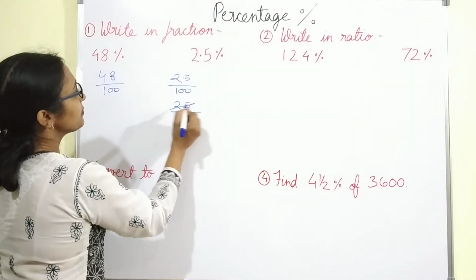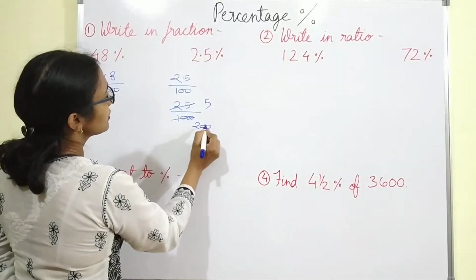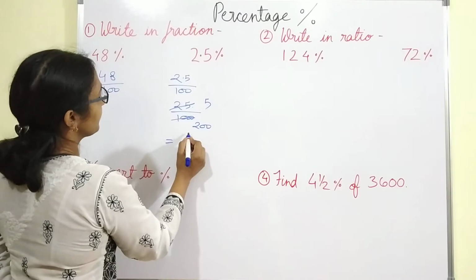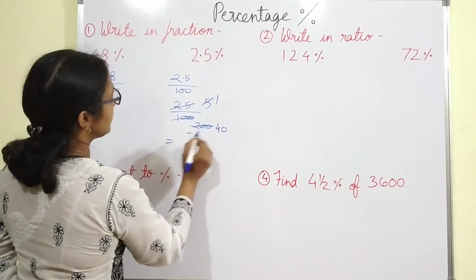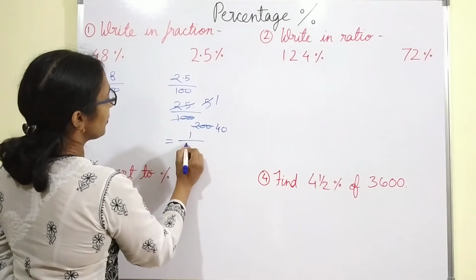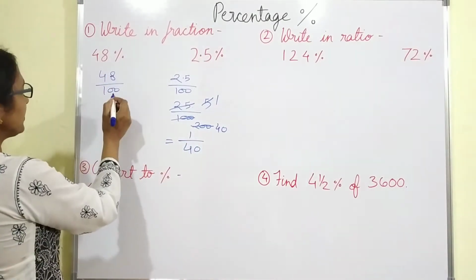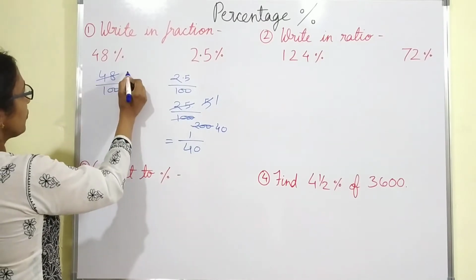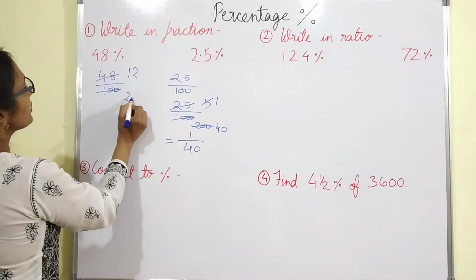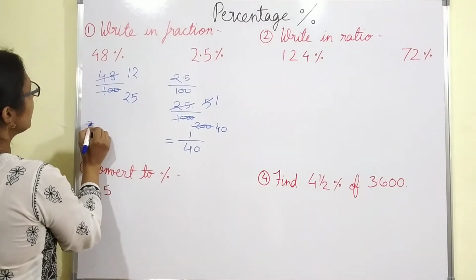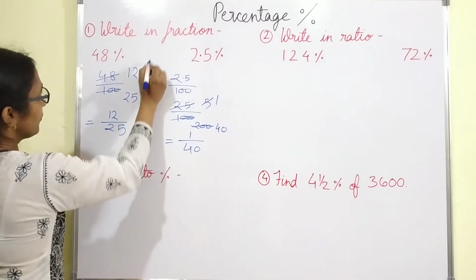Now simplify. 5 5s are 25, 5 20s are 100, so 1 upon 40. Now simplify 48 upon 100. 4 12s are 48, 4 25s are 100.